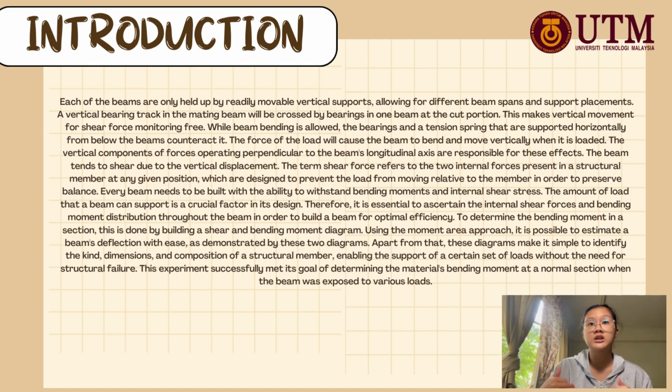The bearing and a tension spring that are supported horizontally from below the beam counteract the force of the load, which will cause the beam to bend and move vertically. The beam tends to shear due to the vertical displacement.